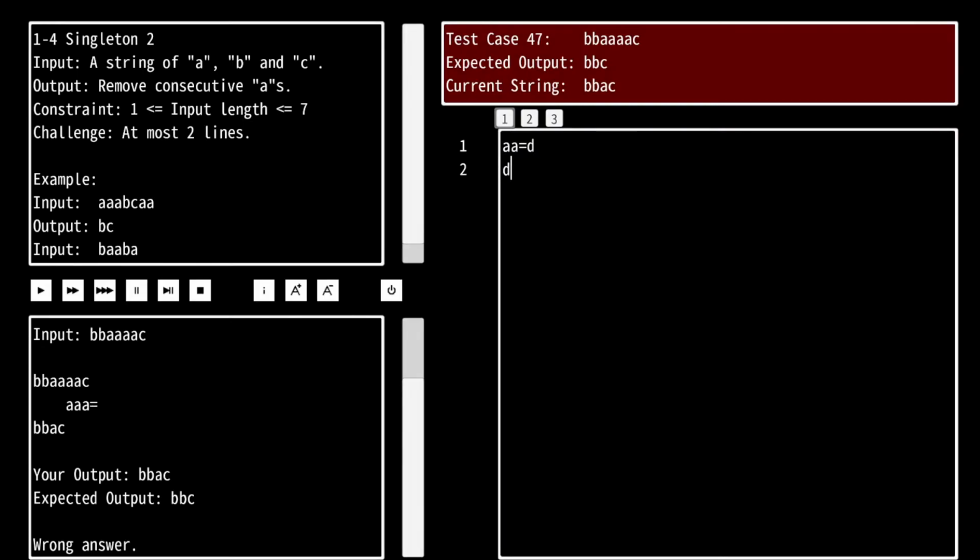So if I have three A's in a row, right? It converts the first two to D, so then I have DA. So then DA equals nothing. But then if I have just two, then I just have D. This is so hard.